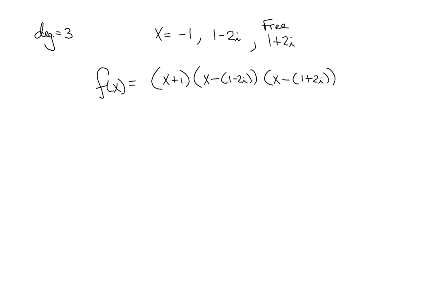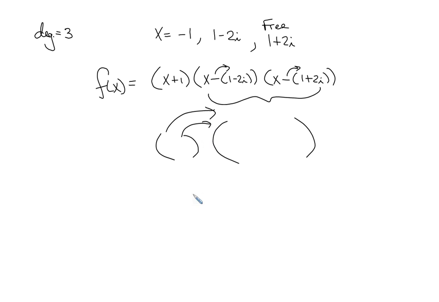The last two. Don't always do the last two, but on this one it's the last two. Why is it the last two on this one? The ones with the i's. Multiply the ones together that contain the conjugates, because that's going to simplify your life. You don't have to do it that way, but it's going to make your life so much easier if you do, guys. Distribute the negatives, and then multiply these two together, and then when you get that answer, you distribute the x plus 1 into this parentheses.